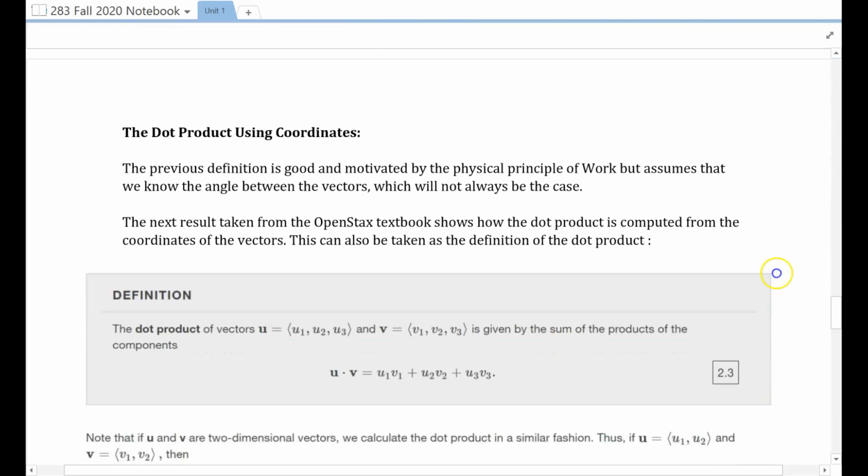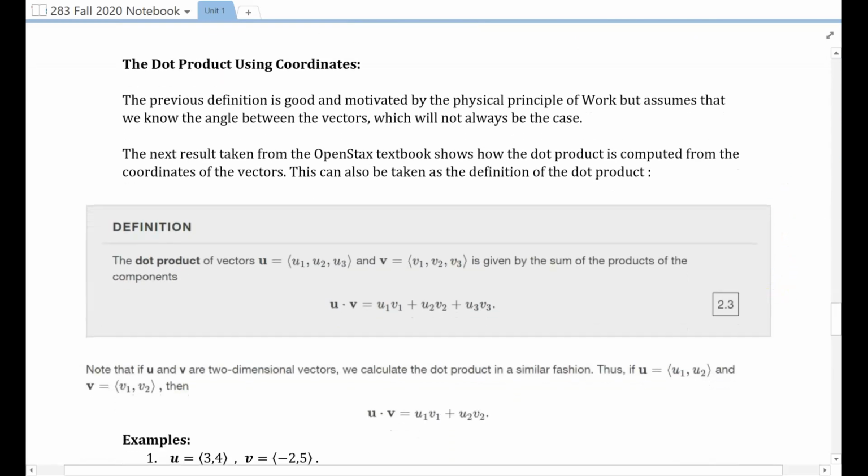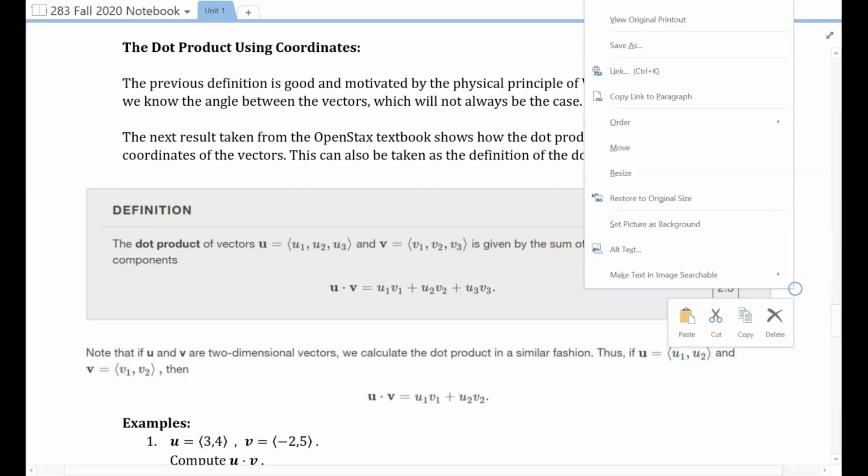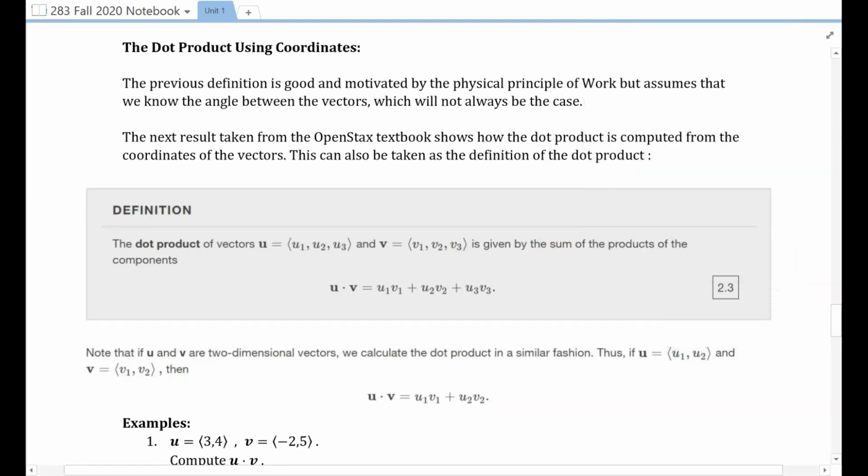All right, and then the other thing we want to talk about is how to use coordinates with dot products, how to determine the dot product using coordinates. So the previous definition is good. I like to start with that, but it assumes that we know the angle between the two vectors, which we're not always going to know.